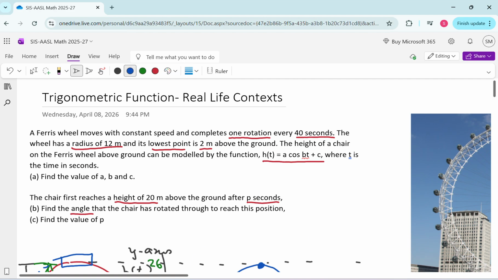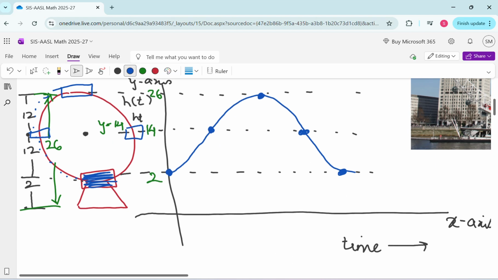Now, as given in the question, one rotation will be covered in 40 seconds. So, starting from here, which is at 0, to the end, or one complete rotation, it takes a total of 40 seconds. That's what we have in the question. That means this is going to be 40.